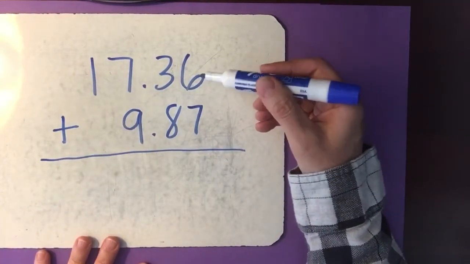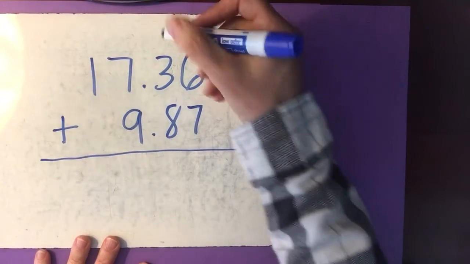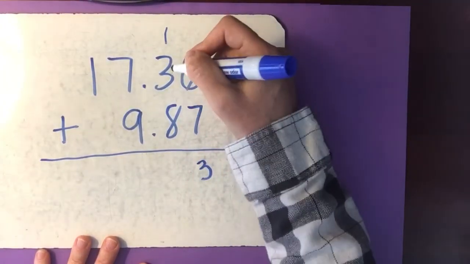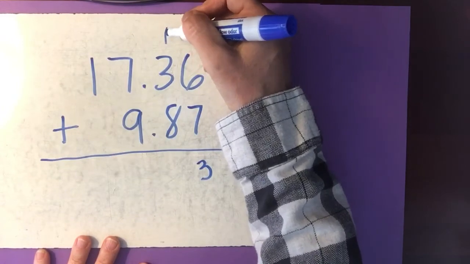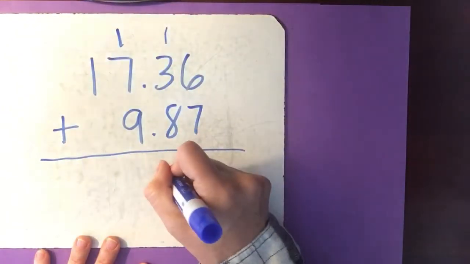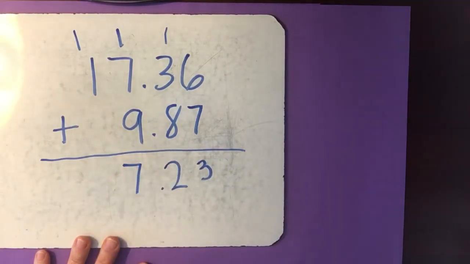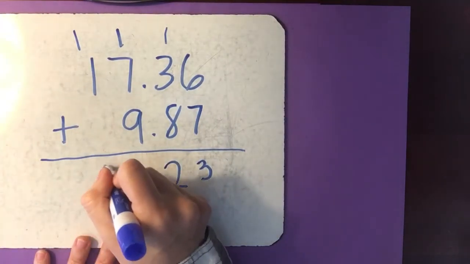Okay, now we have 6 plus 7 is 13. 8 plus 3 is 11, plus 1 more is 12. Again, I get my fast 10. 1 plus 9 is 10. 10 plus 7 is 17. And then 1 plus 1 is 2.